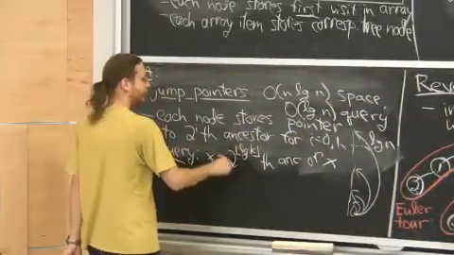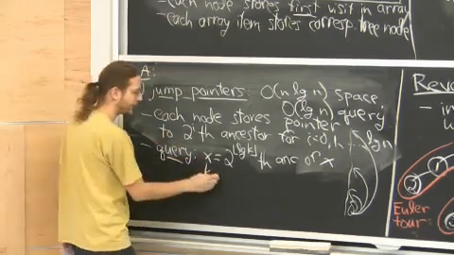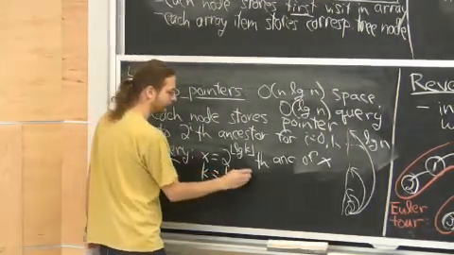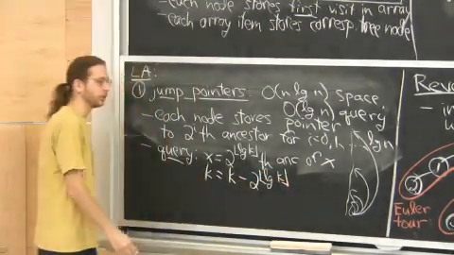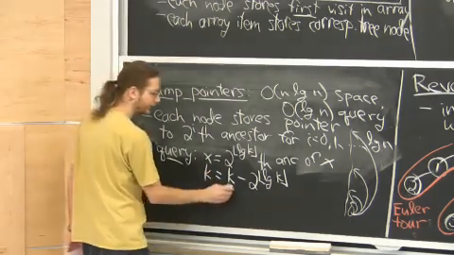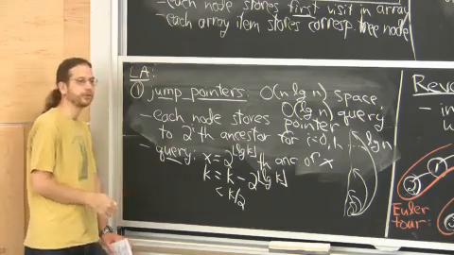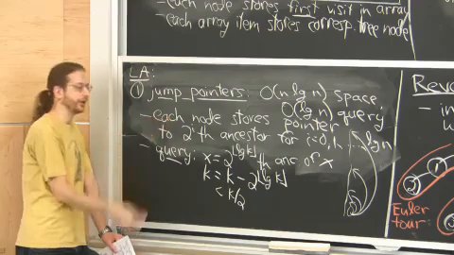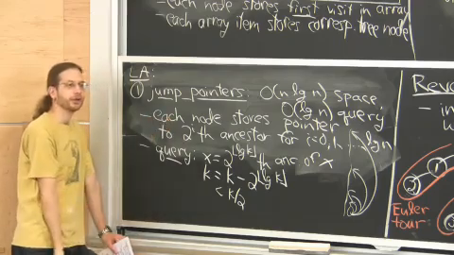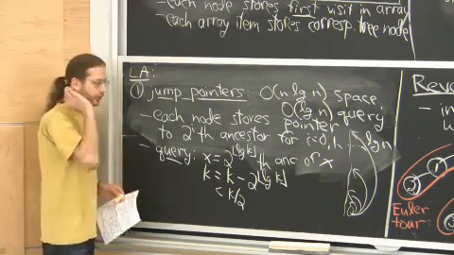So I take the power of 2 just below k. That's 2 to the floor log k. I go up that much. That's my new x, and then I set k to be k minus that value. That's how much I have left to go. This will be less than k over 2, because the previous power of 2 is bigger than half of k. So we got more than halfway there, and so after log n iterations, we'll actually get there. Okay, that's pretty easy. That's jump pointers.